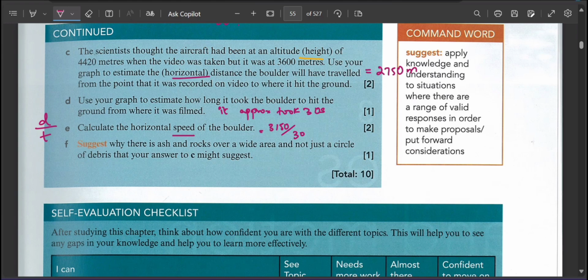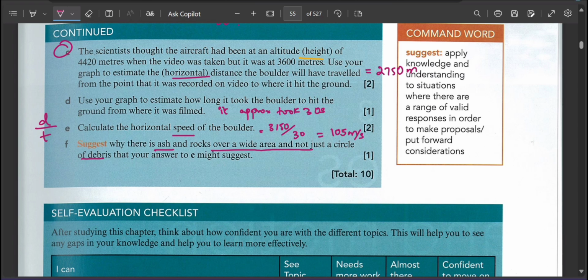Suggest why there is ash and rocks over a wide area and not just a circle of debris, so that your answer to C might be correct. So we can say that rock and dust will have multiple angles, multiple speeds, and we cannot have a constant dust or ash or rocks of debris. So dust will be affected more by friction than the solid rock, as there will be more surface area.